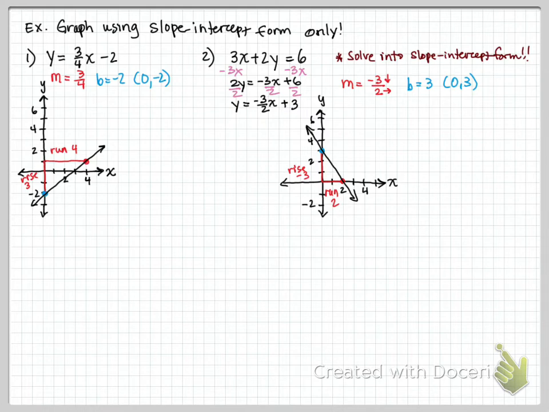All right, I'm going to go to the third page because I have some more graphs I want to do. So I'm going to keep my graph paper. Now we're going to work the other direction. I'm going to give you a graph, and your job is to come up with the equation of the line. Best and easiest is to put it into slope-intercept form.